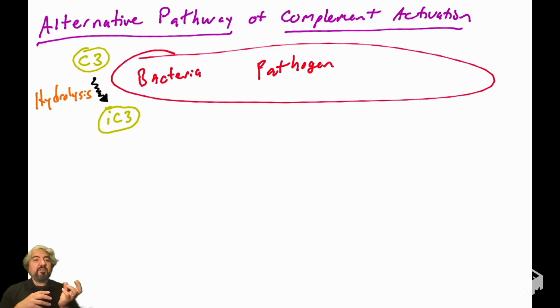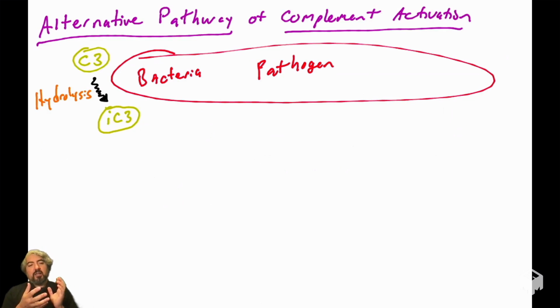When C3 protein is in the vicinity of pathogens like bacteria, the molecular structures on the surface of bacteria enhance the conversion of the C3 protein into its IC3 version.